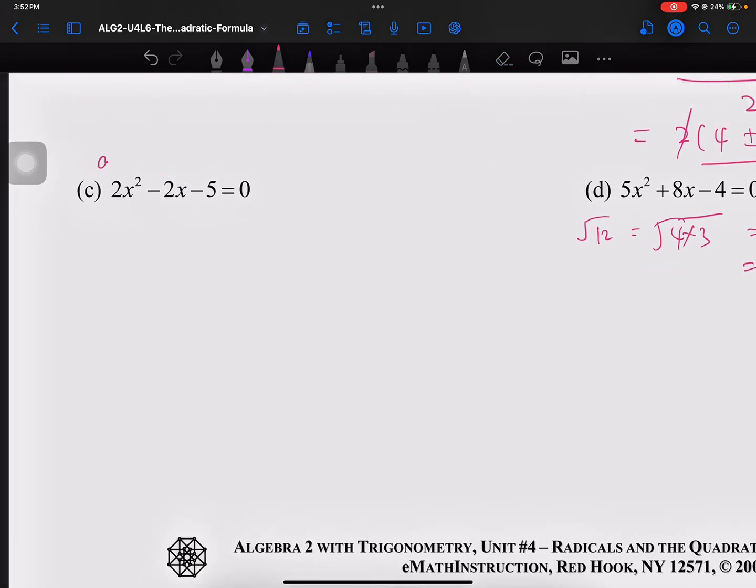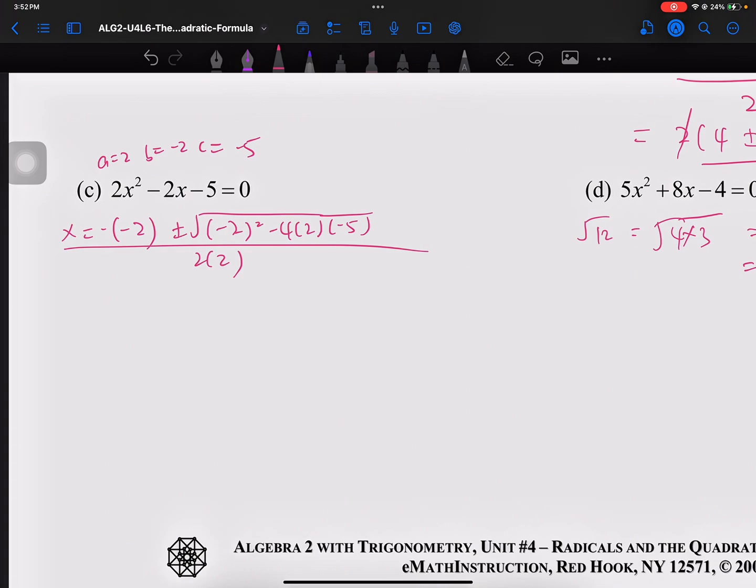For C, A is 2, B is negative 2, C is negative 5. So again, put inside negative of negative 2 plus or minus the square root of negative 2 squared minus 4 times 2 times negative 5, over 2 times 2.